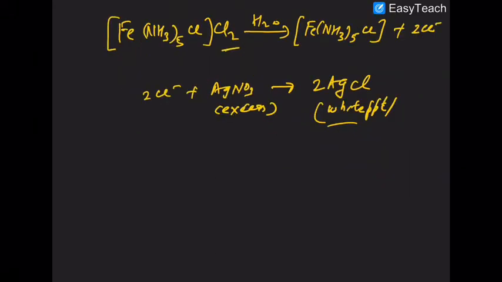In the second case you got only 2 chloride ions outside the coordination sphere, so you are able to get only 2 AgCl.